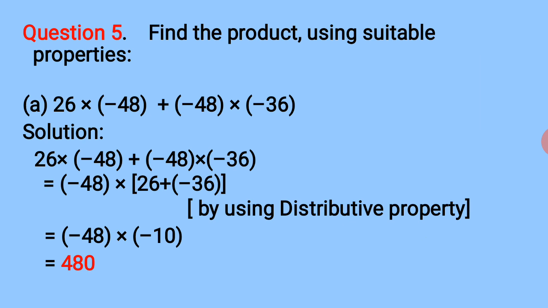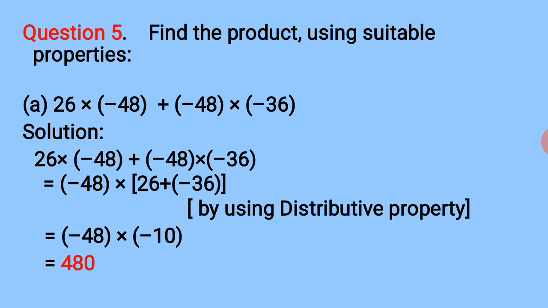So how to make it out? Now check the given question once again. Actually there are two terms, children. The first term has 26 to be multiplied by minus 48. The second term has minus 48 to be multiplied by minus 36. And in those two terms, there is something that is common.